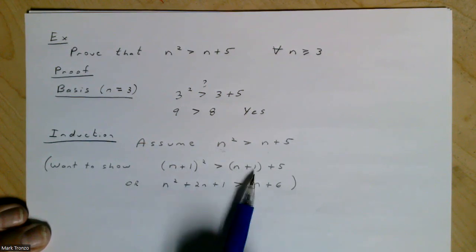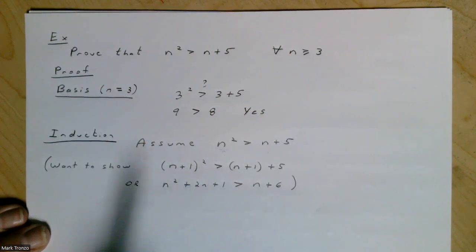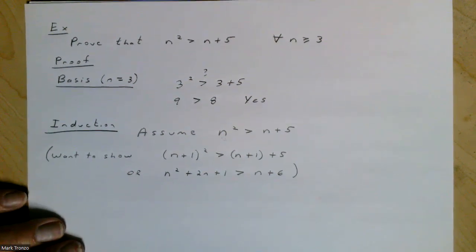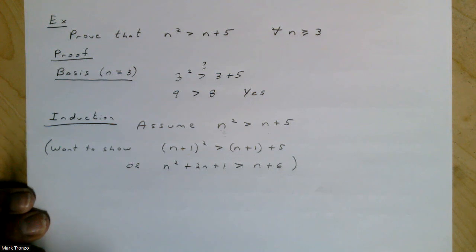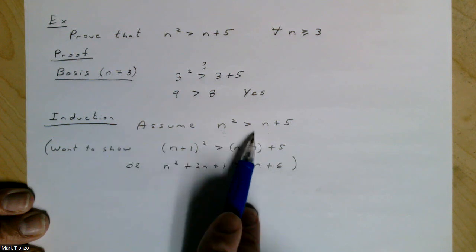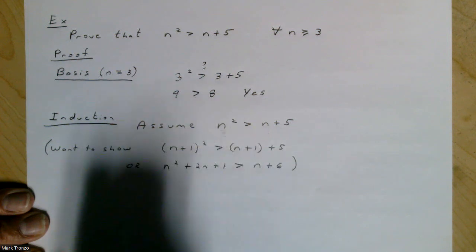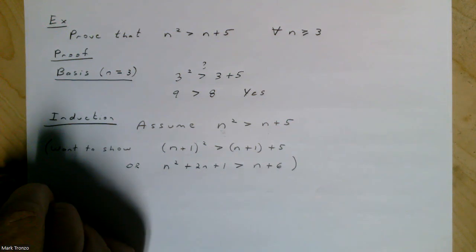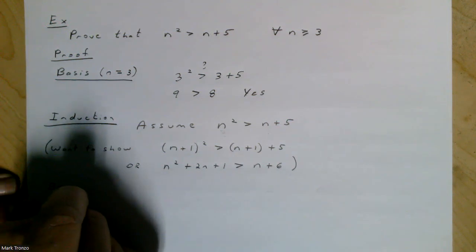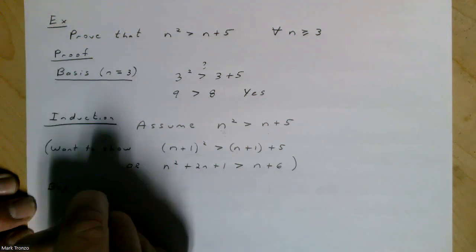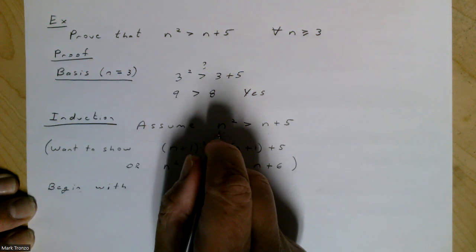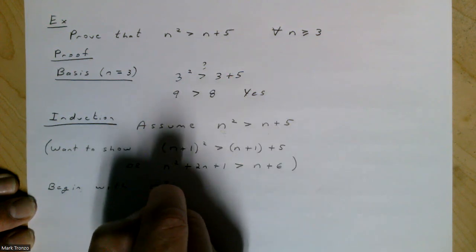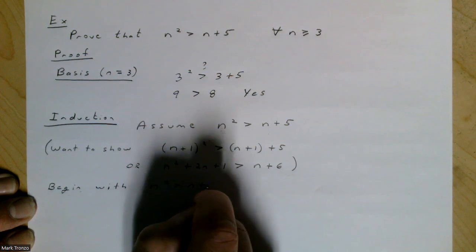So we want to show this, which is the same as showing this. So usually when we do these kinds of proofs, unless we're trying to prove that something's divisible by a number, usually you start with what you're allowed to assume. So begin with this, n squared greater than n plus 5.